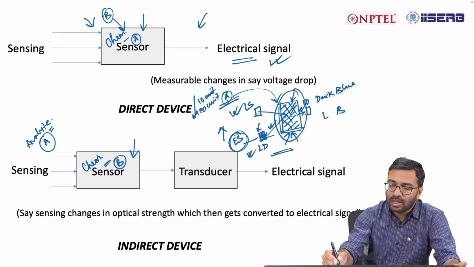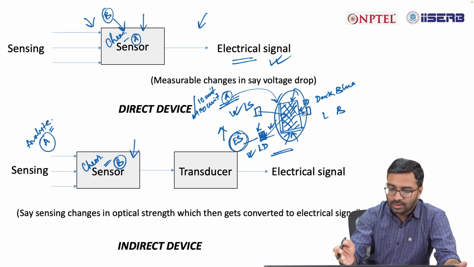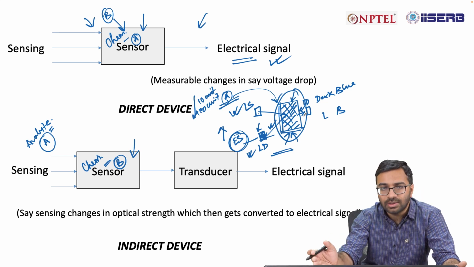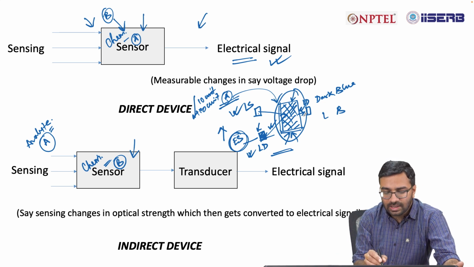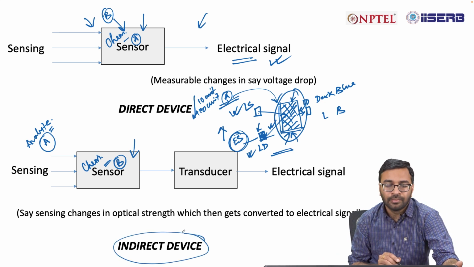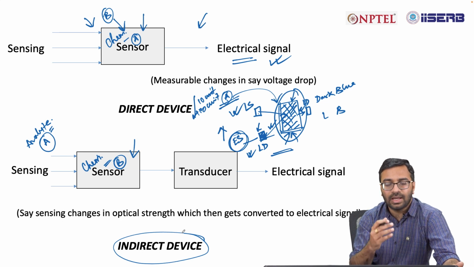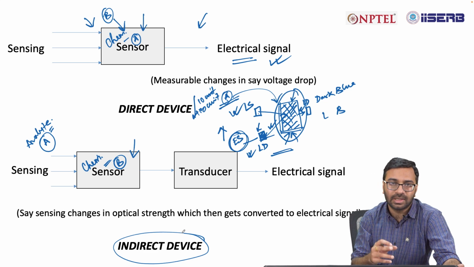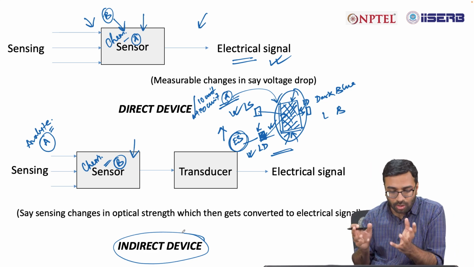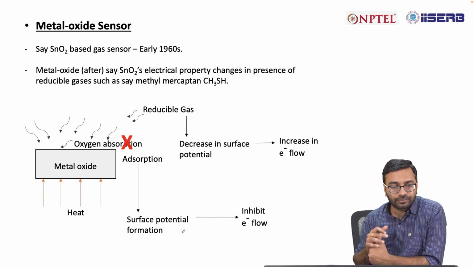So here I have explained two modes. One is reflected light mode, another one is transmitted light mode, right? So this is an indirect sensing concept. That is how we can also divide direct sensing and indirect sensing. We can categorize chemical sensors as direct chemical sensors or indirect chemical sensors.